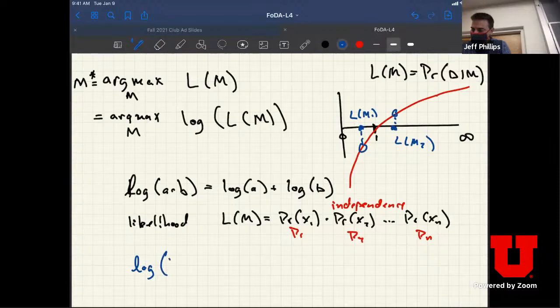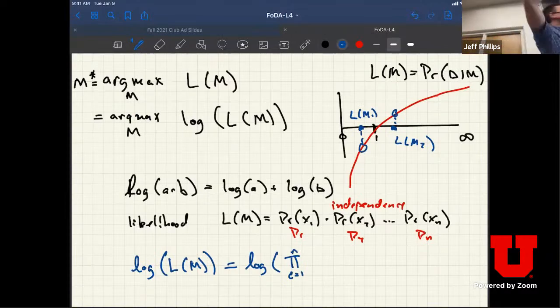The log likelihood is going to be the log of the product. This is like a sum symbol, if you've seen the sigma that looks like a sum. If I do a big pi, it's called \prod in LaTeX. It's a product of a bunch of elements over pi.